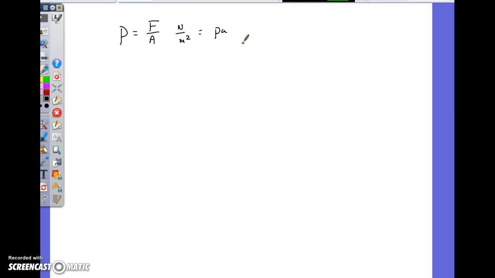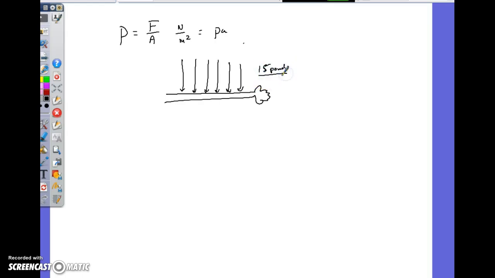The weirdness of pressure is that the area changes the answer. So, for example, a typical person sticking out their arm on planet Earth, as the pressure is pushing down, we would say it is about 15 pounds per square inch, to use an old school unit.